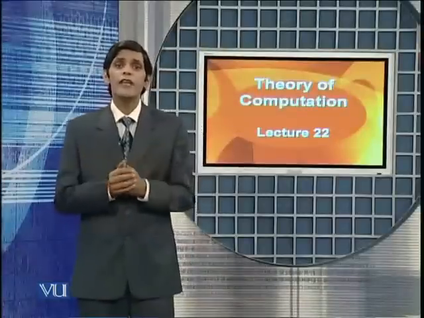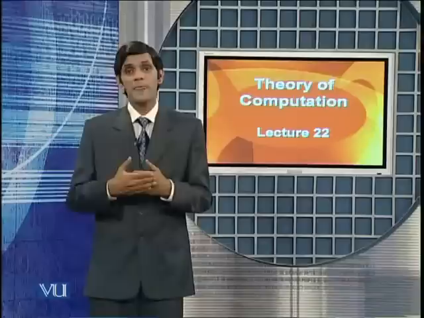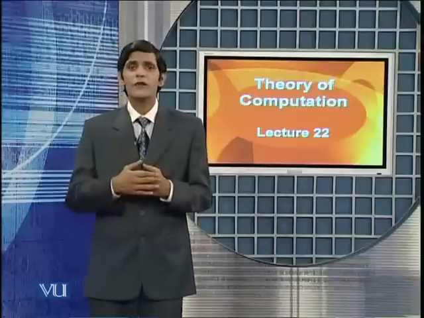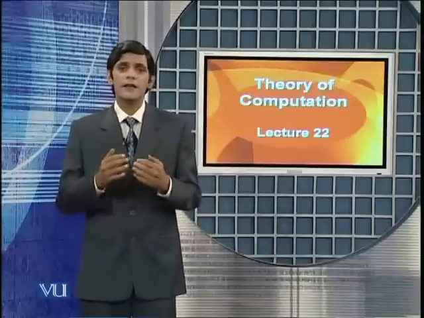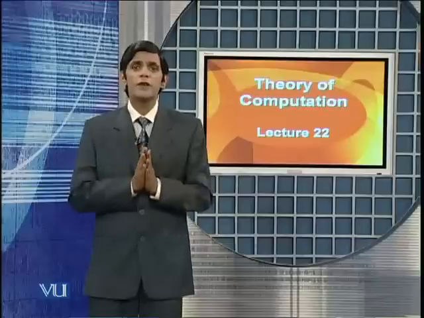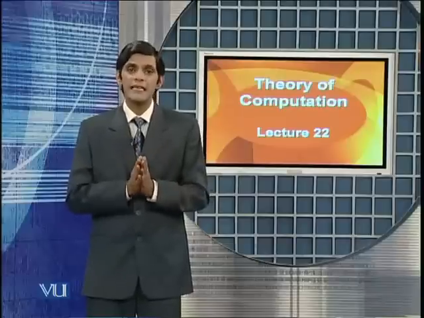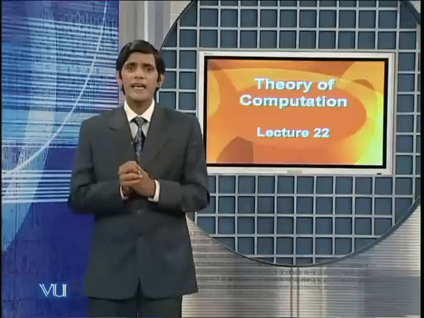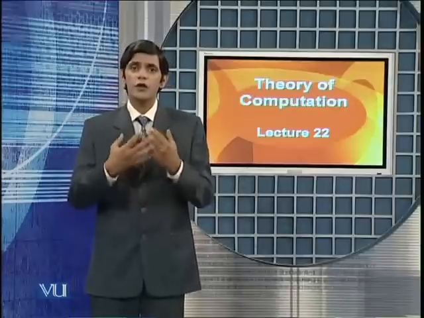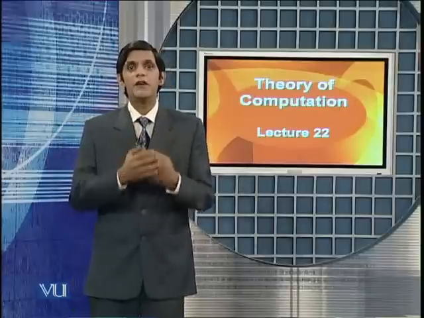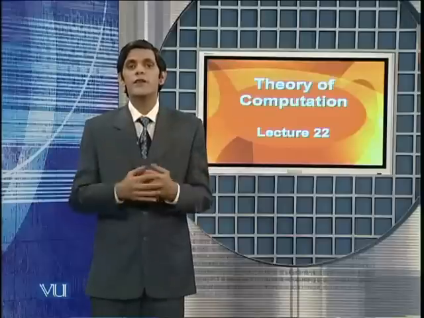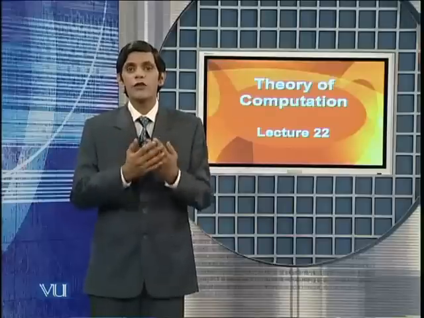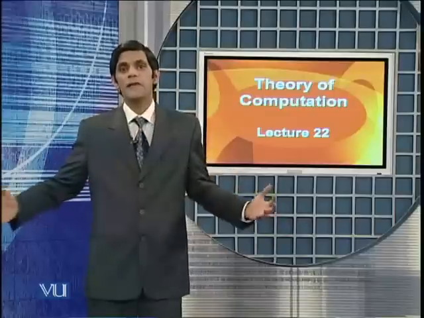Well, what is going to be the proof of this theorem? In the last lecture, we actually looked at an outline of the proof of this theorem. Today, we will follow it in a lot more detail. Basic idea is that if you take an input x and run a non-deterministic Turing machine on this input x, what you get is a computation tree.